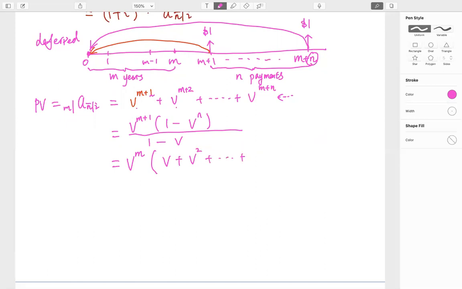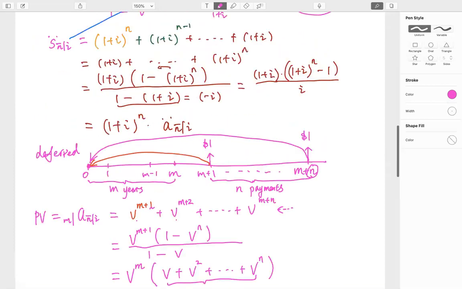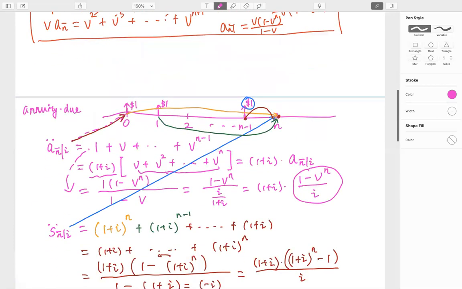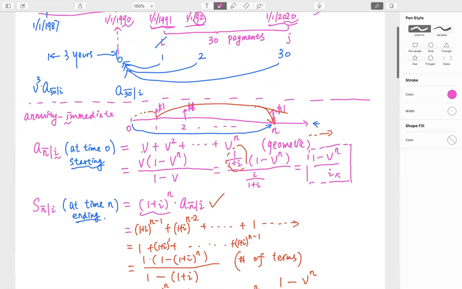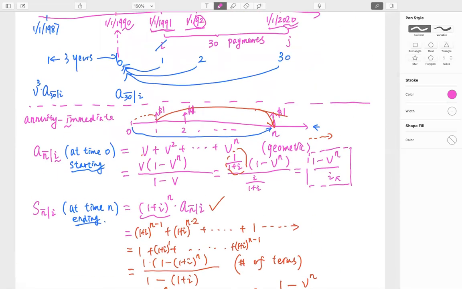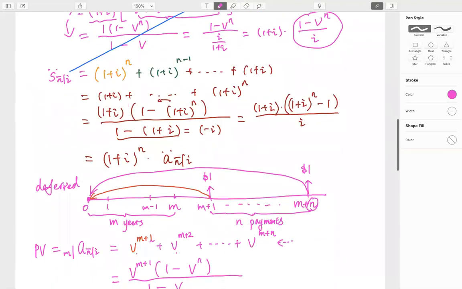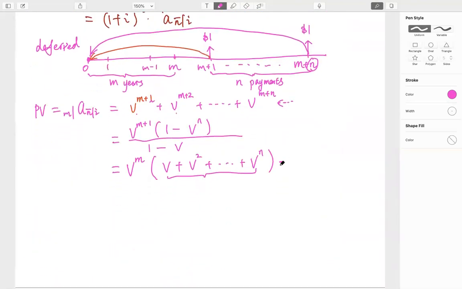The last one becomes v to the nth. Now, what's this? If you forgot, go up here, right? It is nothing but the present value of an annuity immediate, right? So this is v to the m times annuity immediate.